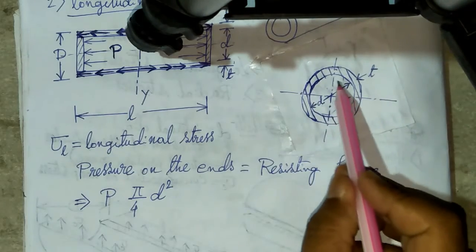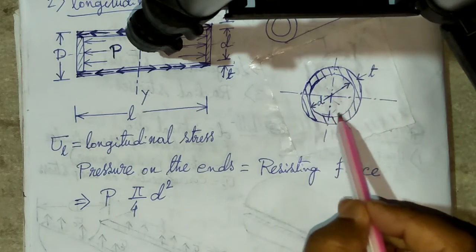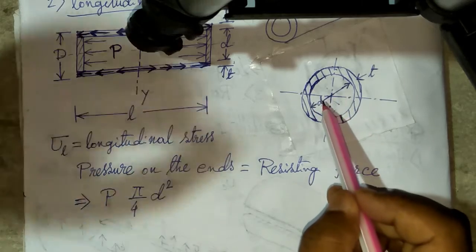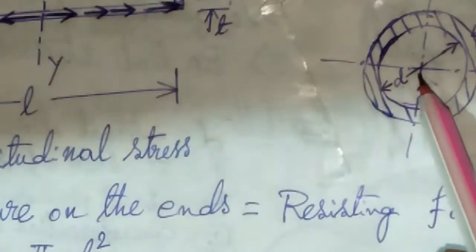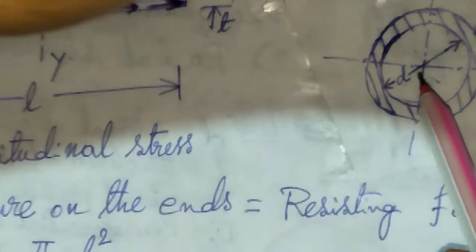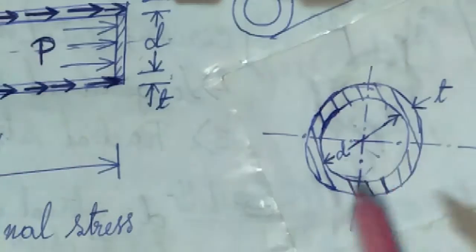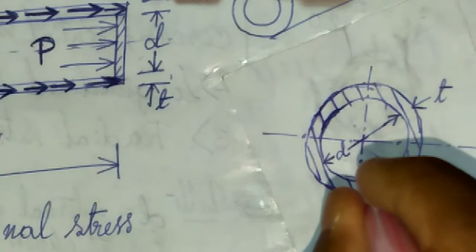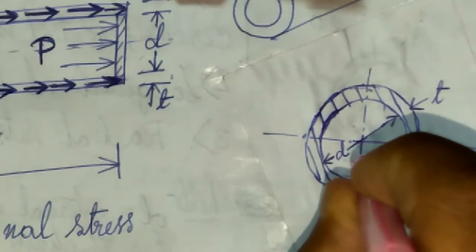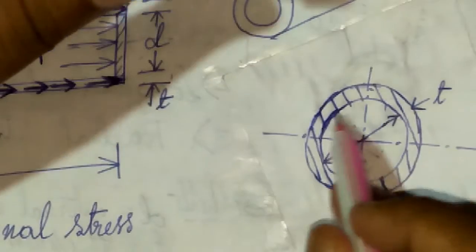Okay, and this internal circular area. This is the vertical pressure P, and this circular area.